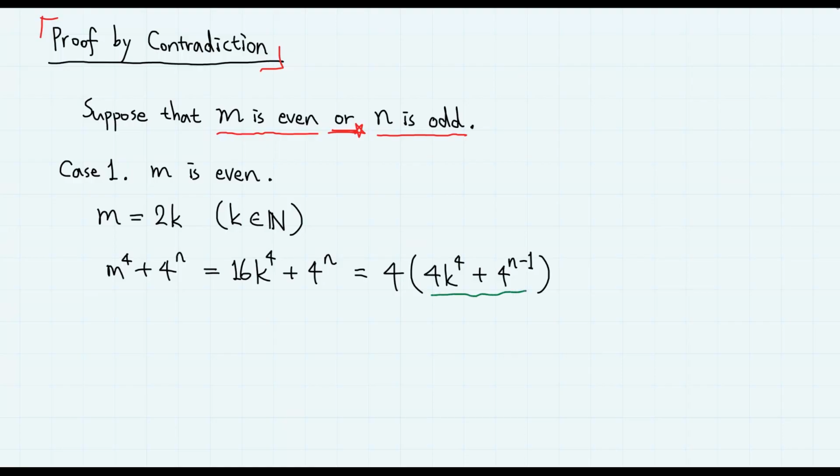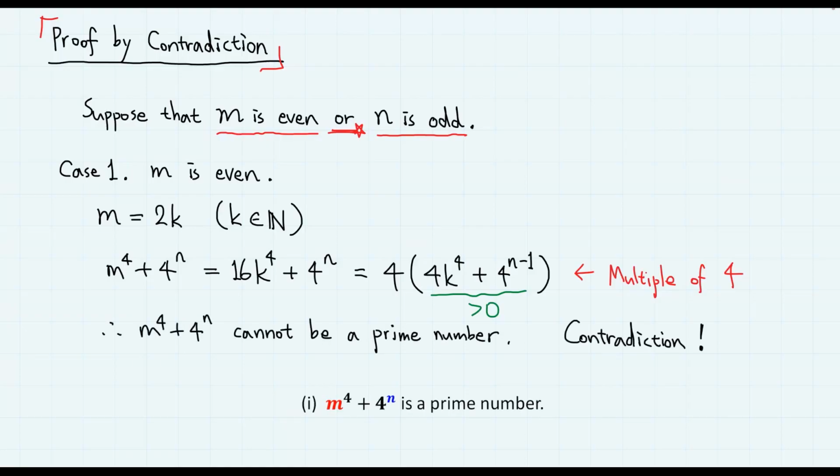The parenthesis part is positive if k and n are natural numbers. So this implies that m to the fourth power plus 4 to the nth power is a multiple of 4. Therefore, it cannot be a prime number, which is a contradiction to the given condition 1.